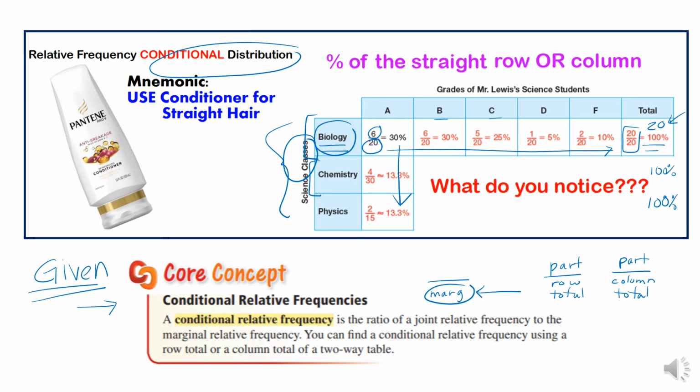So you won't even make a total column down here because it wouldn't have any effect on your data. Okay? So that's an important thing about a conditional relative frequency. We're either going to do our columns to 100%, or we're going to do our rows to 100%, but not both. And that's the difference with a conditional distribution.